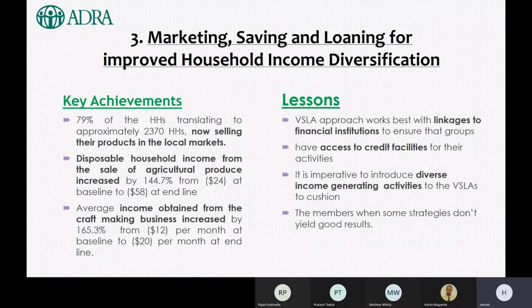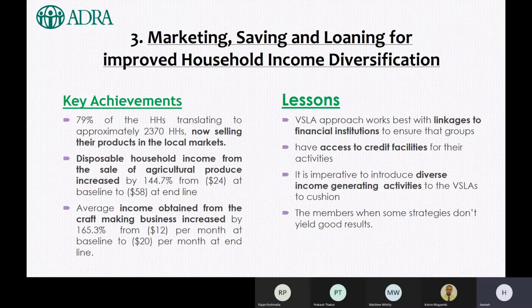When the baseline was conducted, it was $24 for this household. But by the end of the project, they had reached $58. So there is quite a big improvement in the income from the sale of agricultural produce.